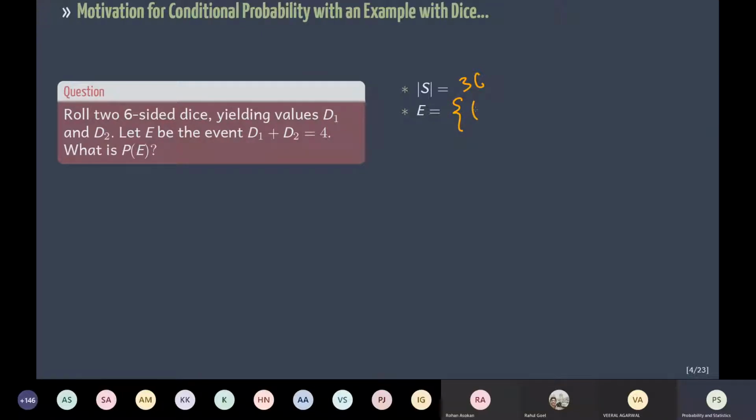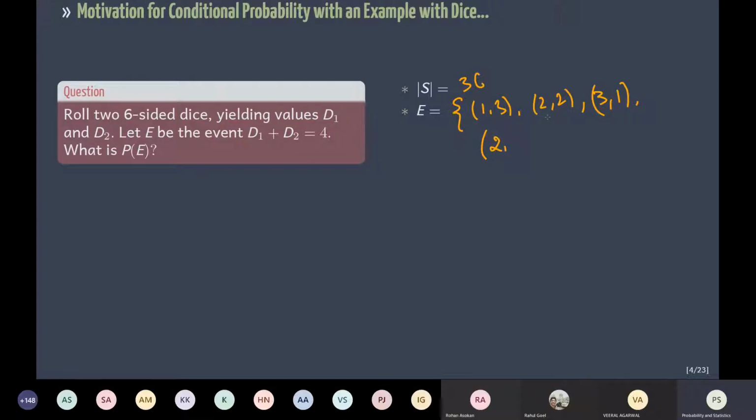So when it can be 4, for instance, I can have 1 3, or let us say I can have 2 2, or I can have 3 1, and so on. Similarly, I can have 2 2, well, 2 2 is already counted.